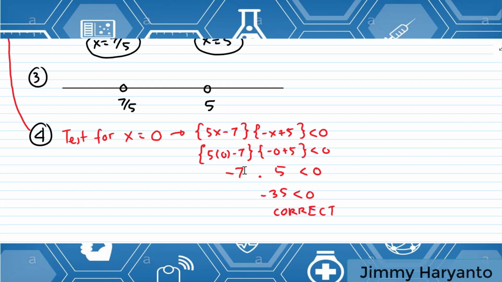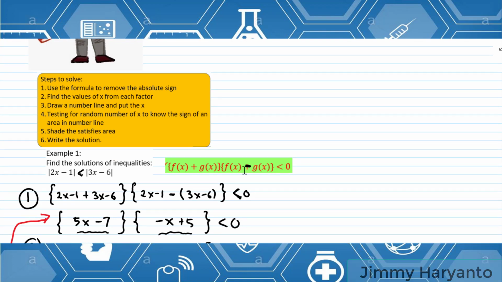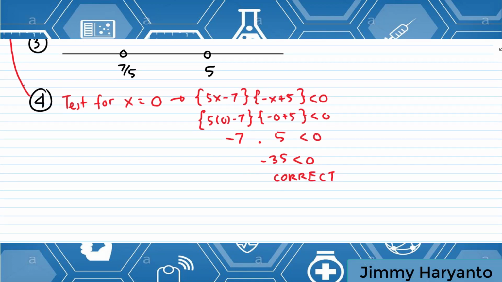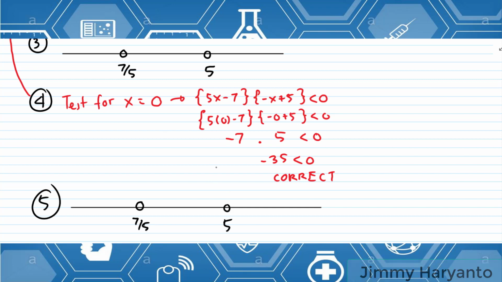Okay, so number 5, shade the satisfied area. How do we shade? We copy the number line first. So I have this number line from number 3, and we already tested for x equals 0.